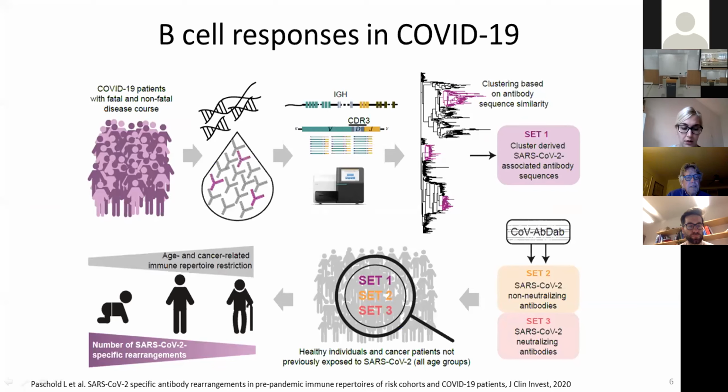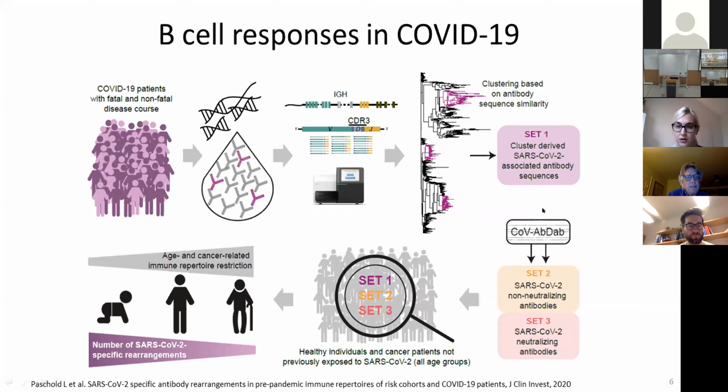We derived sequences from the patches of converging sequences from the non-fatal disease curves, and this was our sequence set 1. Then we wanted to search for these sequences in healthy repertoires and other cancer repertoires from pre-pandemic samples to correlate the finding of these sequences with risk groups.